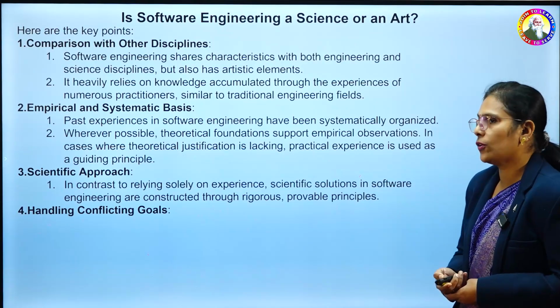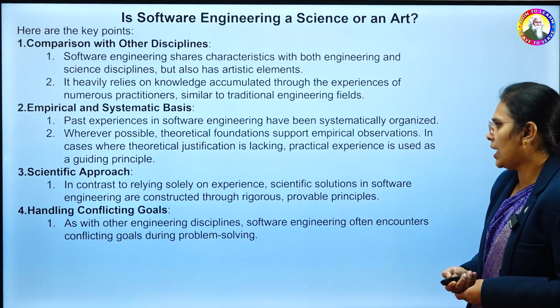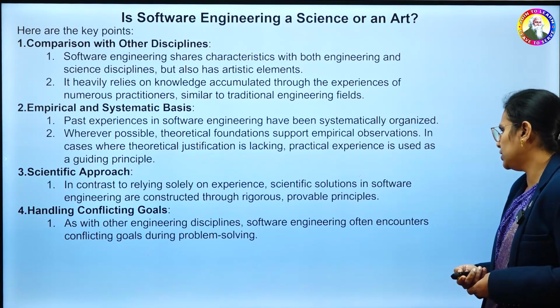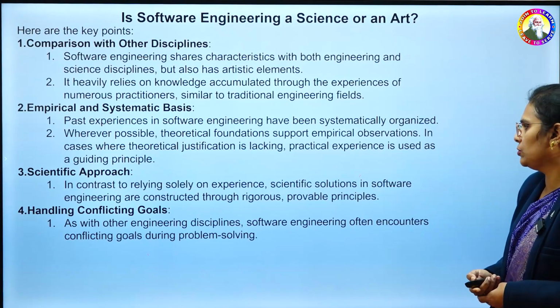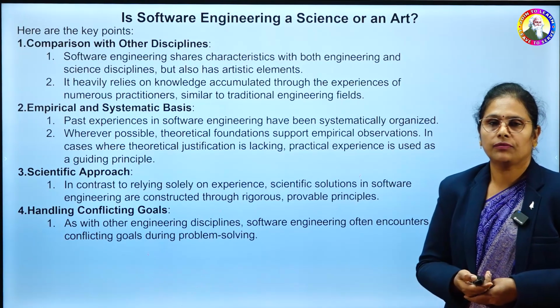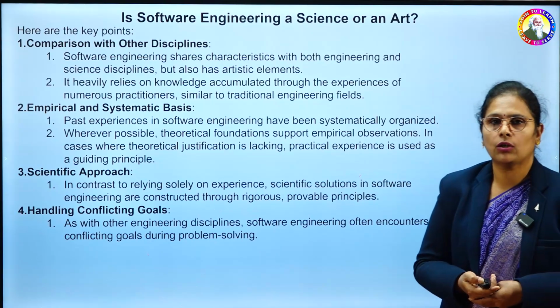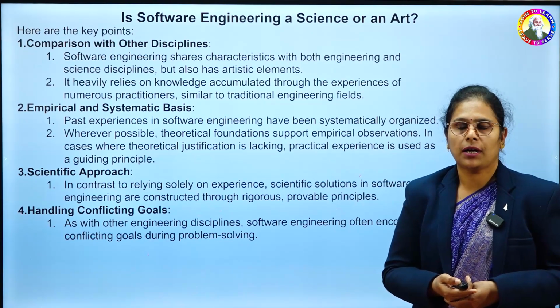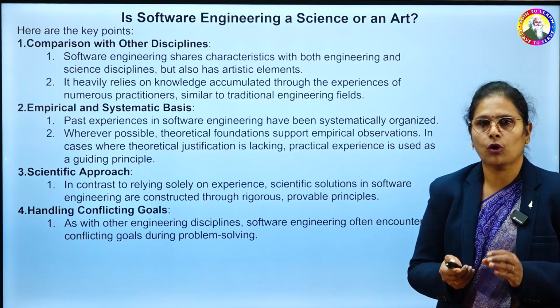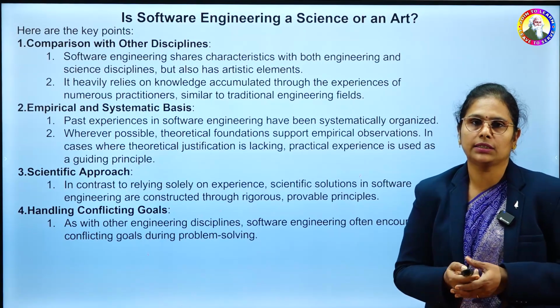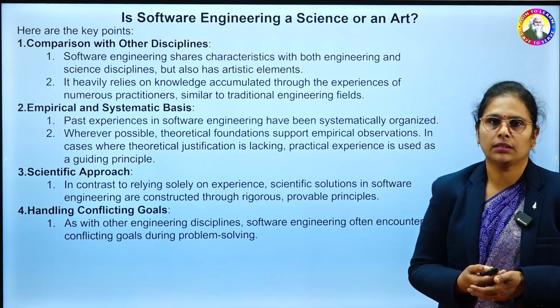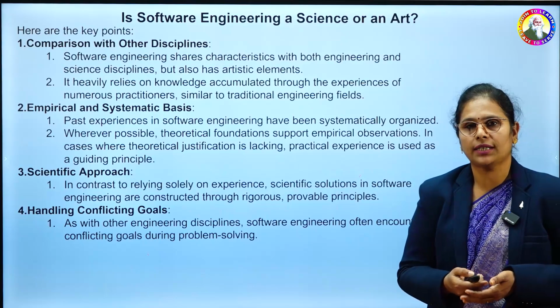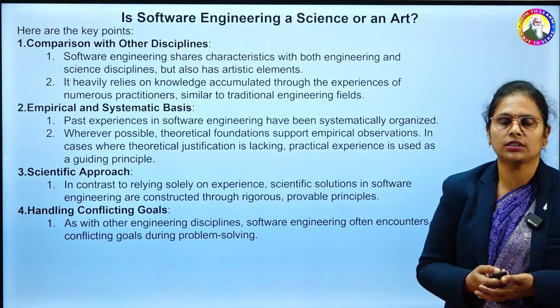Okay, then handling conflicting goals. As with other engineering disciplines, software engineering often encounters conflicting goals during problem solving. When there is a problem they are not able to sort out, say, when we want to develop a small application, a banking application, some conflicts may be there. I'm talking about the past 60 years of evolution where they got some problems.